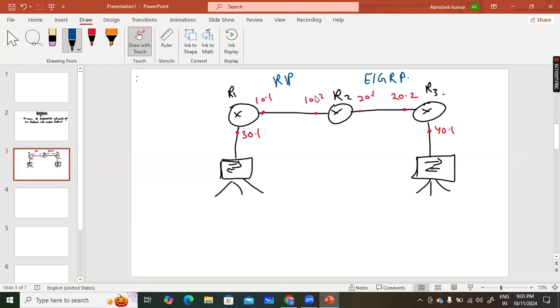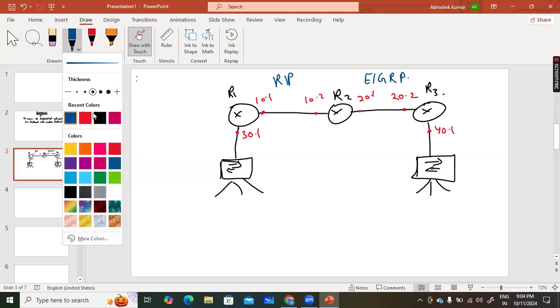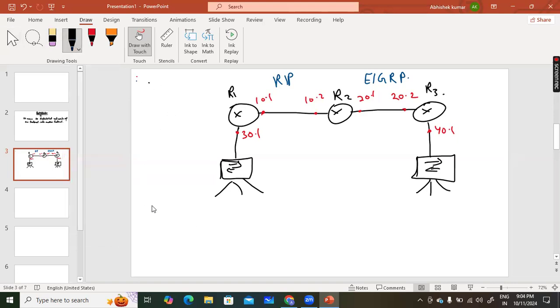Now just tell me, is it possible that we can transfer data from one protocol to another protocol? Anyone can tell me? Abdul, Mini, AK, Veer, Anu, tell me. So how are we going to do that?